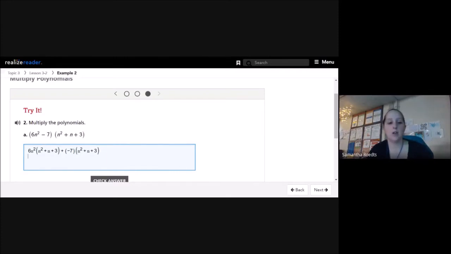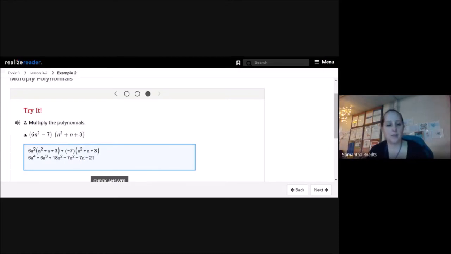Otherwise, you will get an incorrect answer. So I get 6n to the 4th plus 6n cubed plus 6 times 3 is 18n squared. Plus negative 7 times n squared is minus 7n squared minus 7n minus 21.